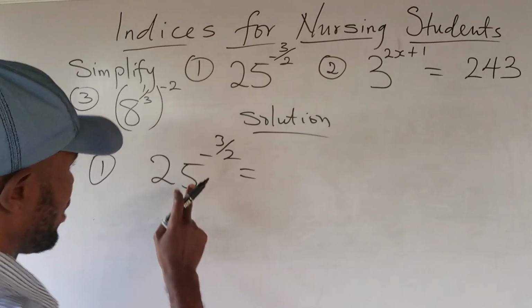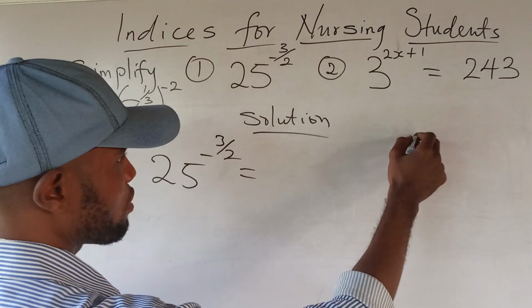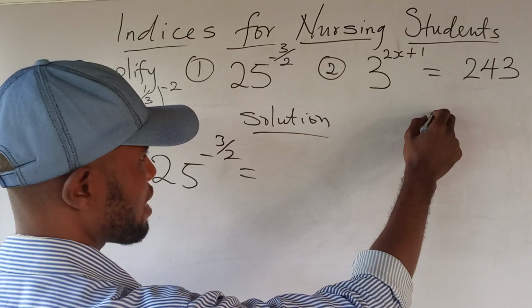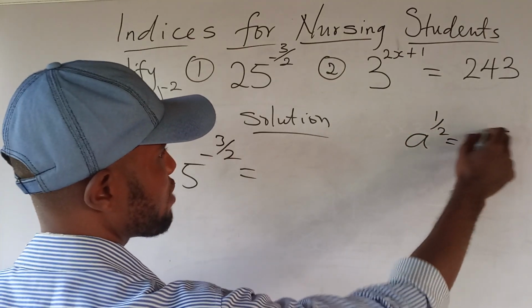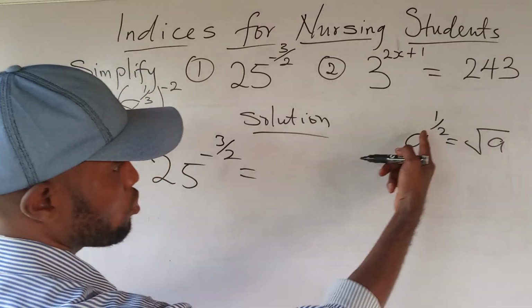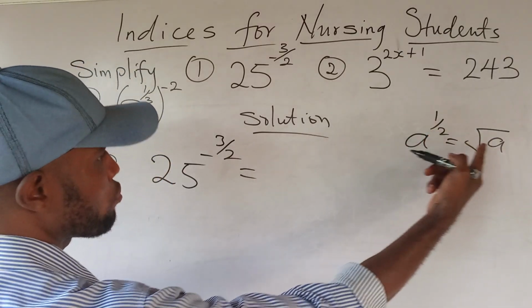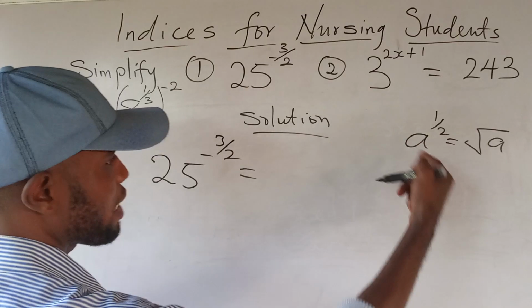Now, let me show you something. If you have a raised to power 1 over 2, this is the same thing as saying square root of a. So when something is raised to power 1 over 2, it means square root of that number.